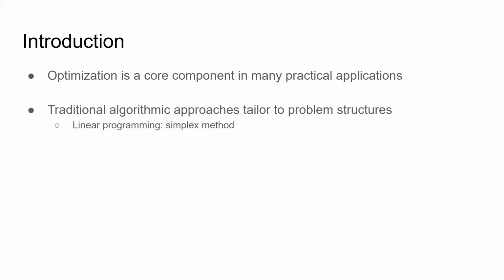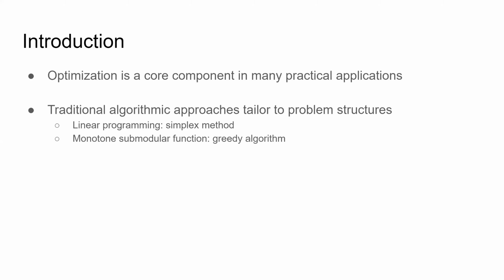For example, in linear programming problems, simplex methods are designed to take advantage of the structure in terms of the linear constraints and the linear polytope facets to iterate to find the optimal solution to a linear program.